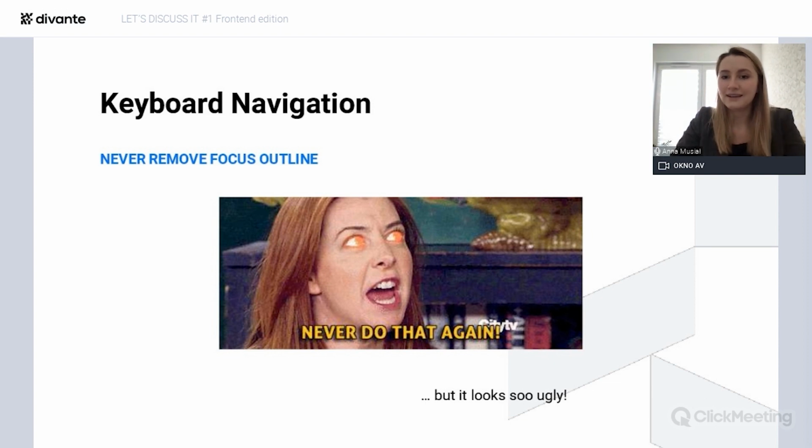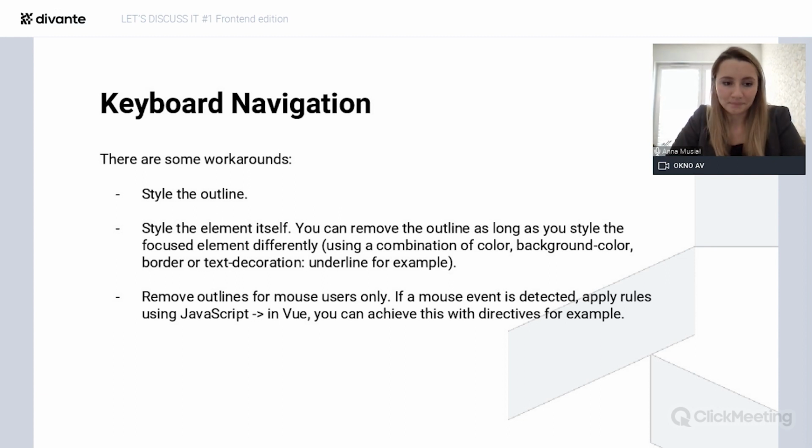I know it's ugly. So there are some workarounds we can apply. First of all, you can style this outline. There are some basic default CSS rules you can apply for the outline. For example, you can make it dotted, you can make it smaller, thinner, you can change the color. So you can somehow style it so it's not that ugly.